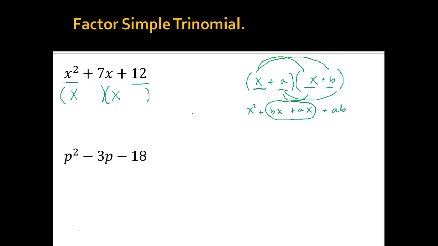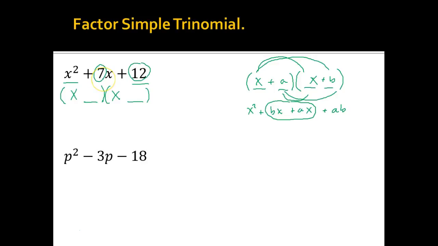Now, that gives us a clue as to how this works. There is going to be in our binomials x plus some number here times x plus some other number there. And if you took the two numbers and multiplied them together, you would get our last number, the 12. But if you added them together, you would get our middle number, the 7.